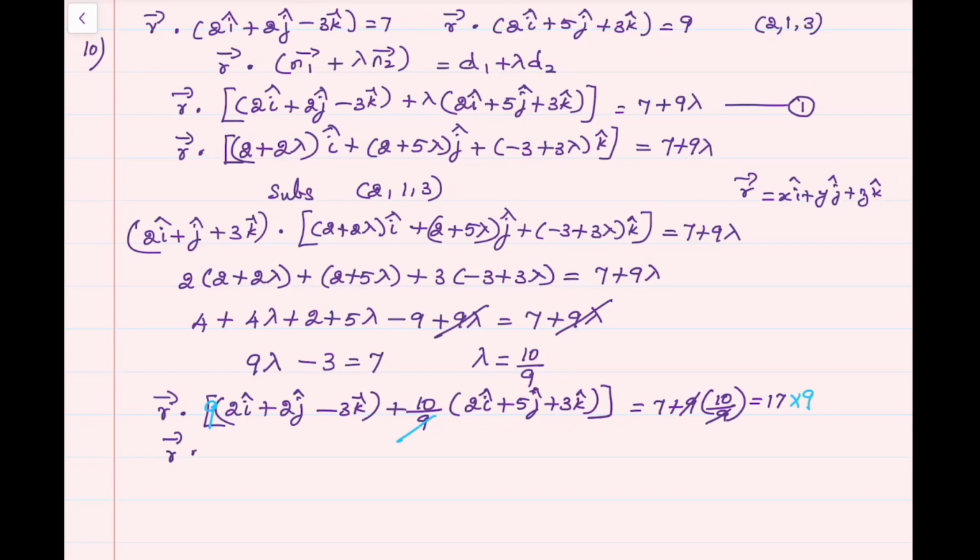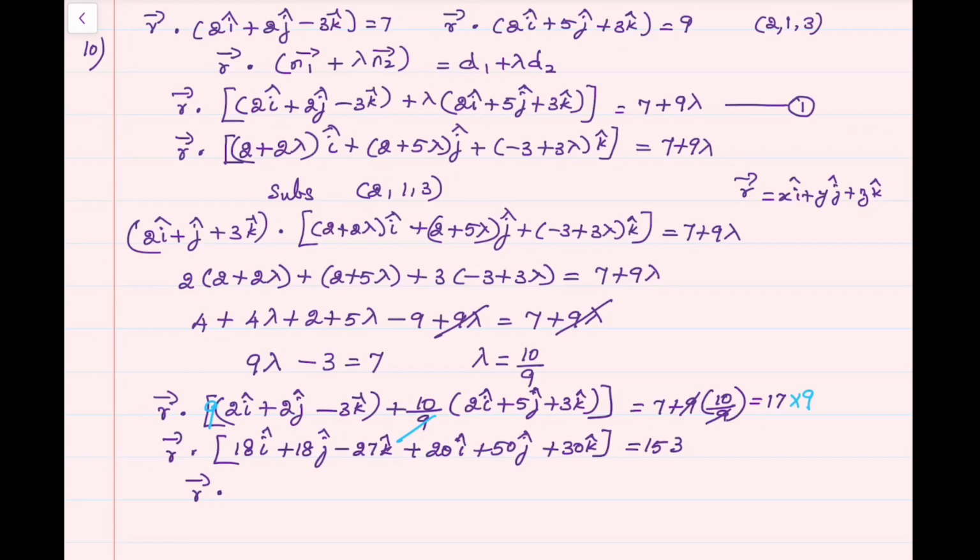Vector r dot 18i plus 18j minus 27k, and here multiply by 10, 20i plus 50j plus 30k is equal to 153.